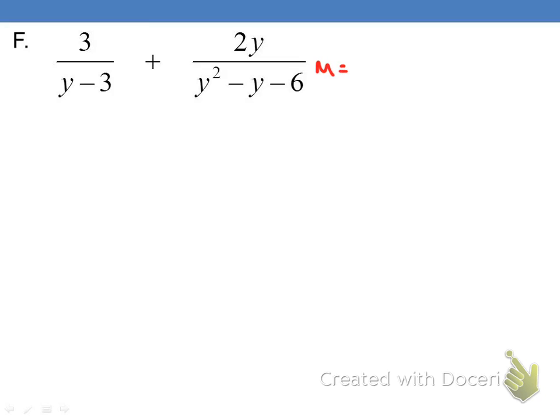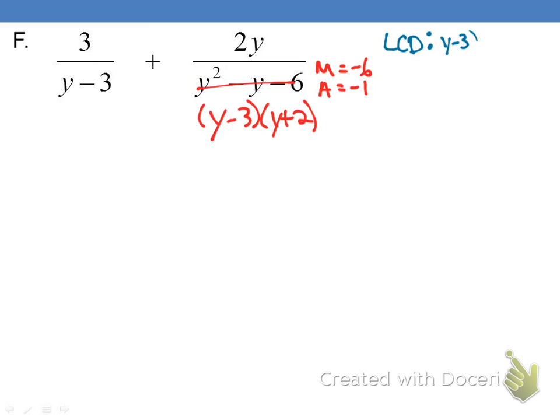So what multiplies to -6 and adds to -1? So x minus 3. Oops, these are y's. Y minus 3, y plus 2. Okay. So what's my LCD going to be? Y minus 3 times y plus 2.